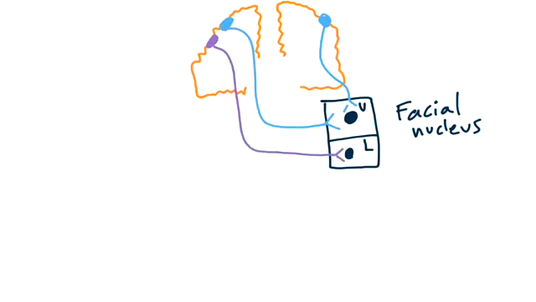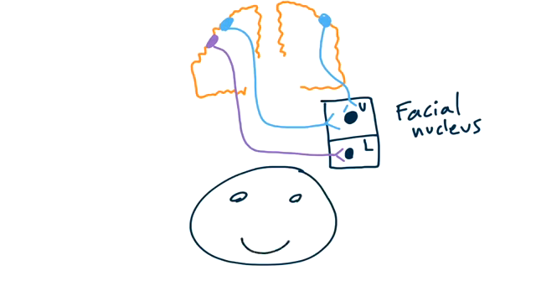It's important to know that the upper component of the facial nucleus innervates the superior aspect of the face. So very simply, this will be our face, and the upper component innervates the superior aspect of the face, whereas the lower component innervates the inferior aspect of the face.